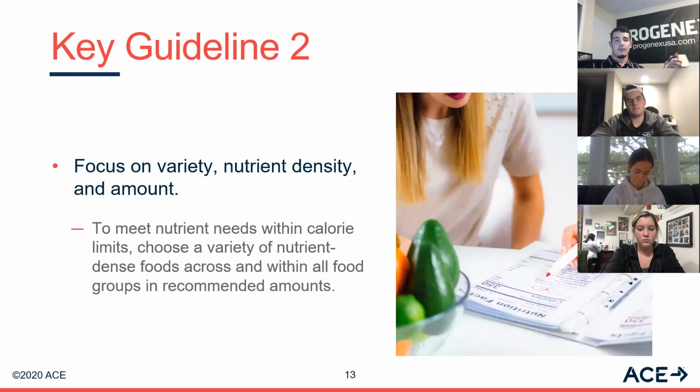Key guideline number 2, focus on variety, nutrient density, and amount. So obviously, the more nutrient dense a food is, the more micronutrients it has per number of calories. And in general, a bigger volume of this food will have less calories than a non-nutrient dense food.